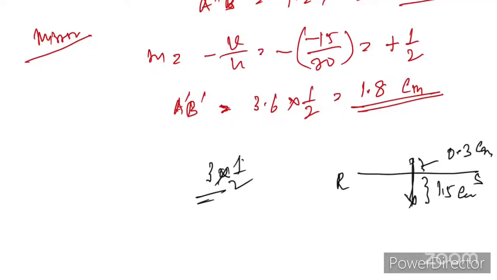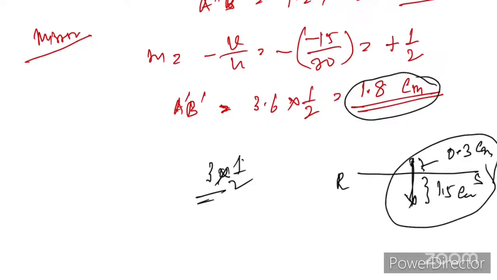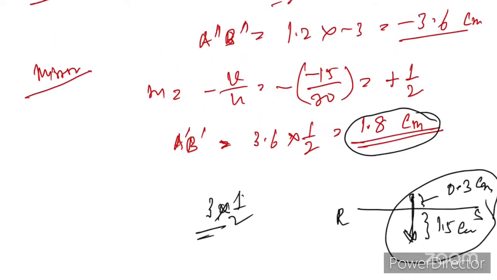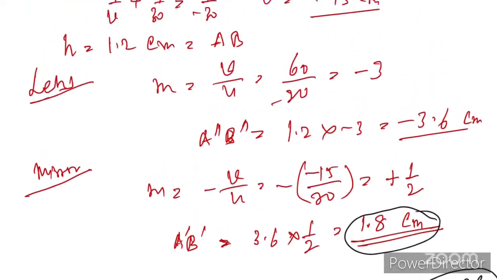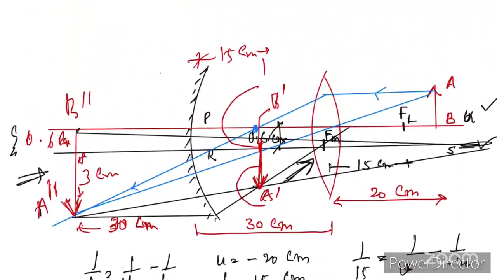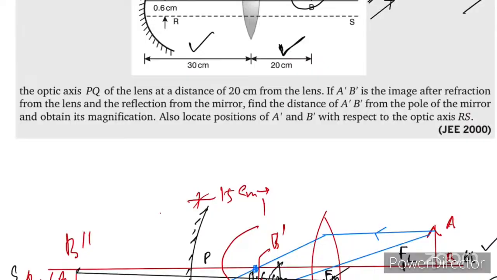So the complete length of the image is 1.8 centimeter. So this is how you can show with the figures how the final image found by the mirror is located with respect to RS, and this is what has been asked in the question.